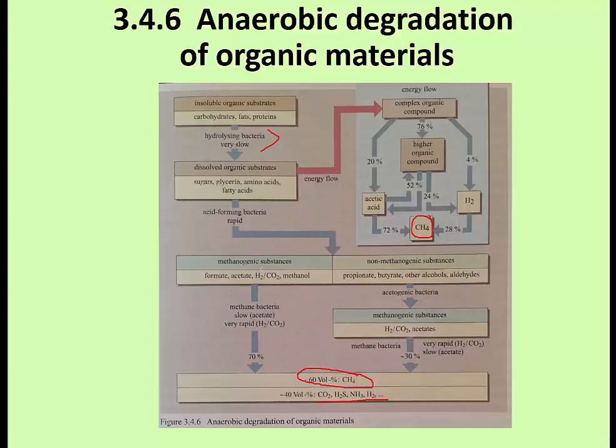Now these small molecules can get broken down by methane-producing bacteria. It's a fairly slow step, followed by a very rapid conversion by hydrogen and carbon dioxide. About 70% of the material comes through this path, and you end up with methane. Over here, acetogenic bacteria break it down into the methanogenic substances, and then we can put it through the same steps to get to our methane.